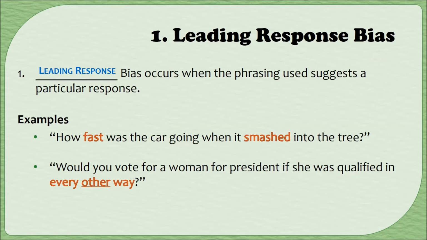By using that word other, you're implying that womanhood is not a qualification for president, is actually a strike against her. So if you are trying to identify a bias in a study and it's talking about language, giving you examples of questions that were on the survey, chances are leading response bias is the bias that is present.